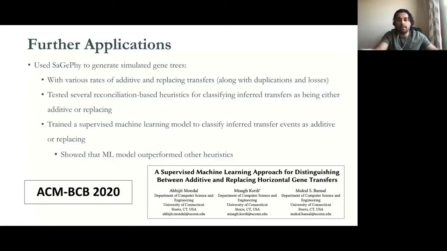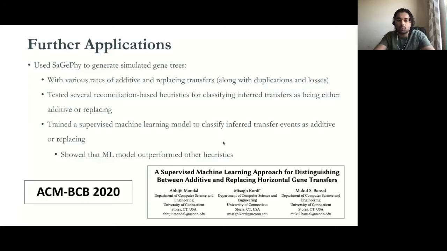But going further, this paper tests these different reconciliation-based heuristics for classifying these inferred transfers as being either replacing or additive, which our simulation framework allows to test, since we simulate both types of events.